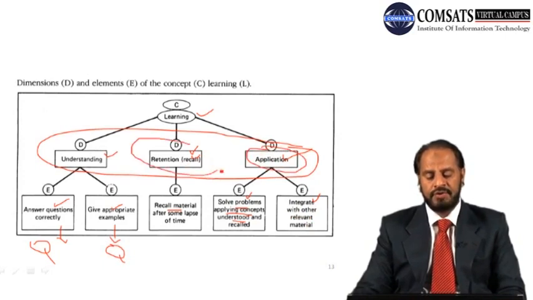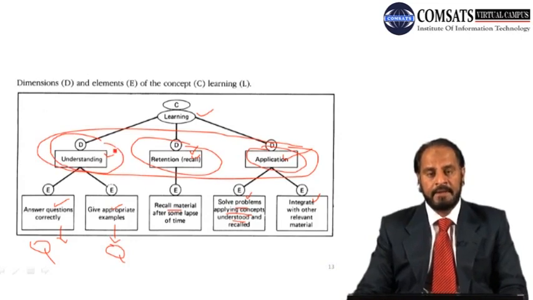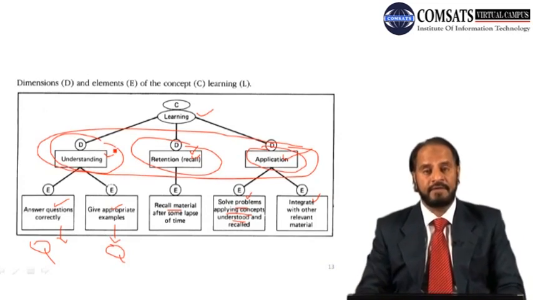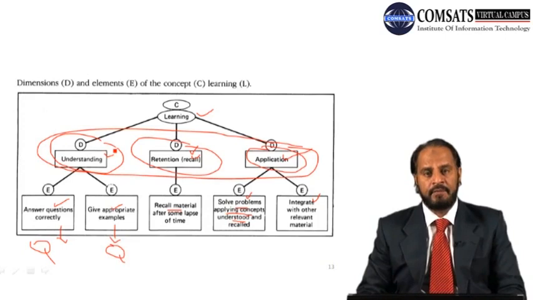So three dimensions will basically try to explain the behavior of learning. As I said, learning is very subjective and very difficult to measure, and we have tried to give an operational definition of learning, and within that we defined the dimensions and sub-elements of those dimensions so that we can measure it.